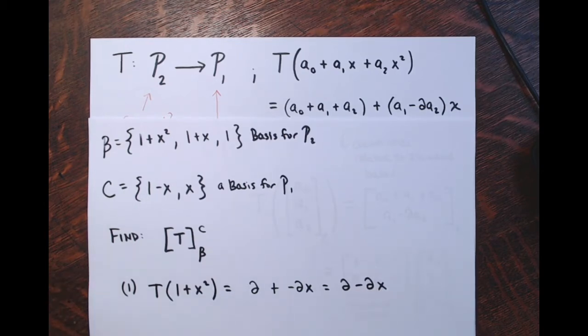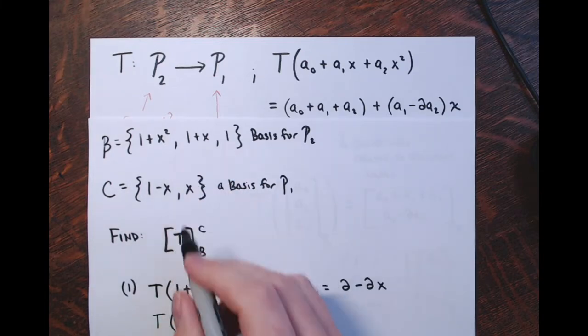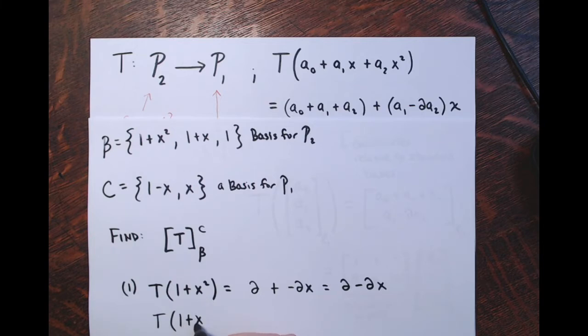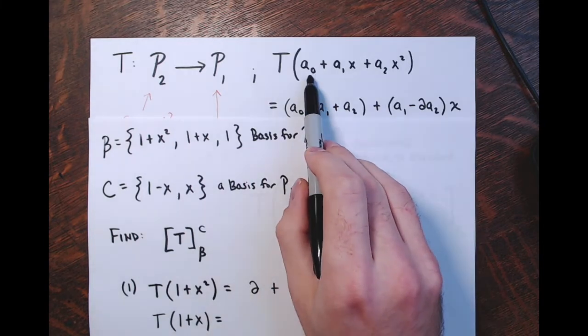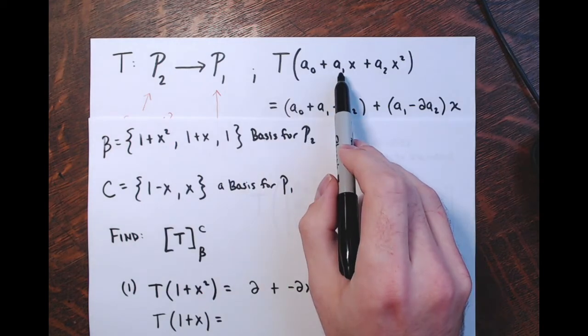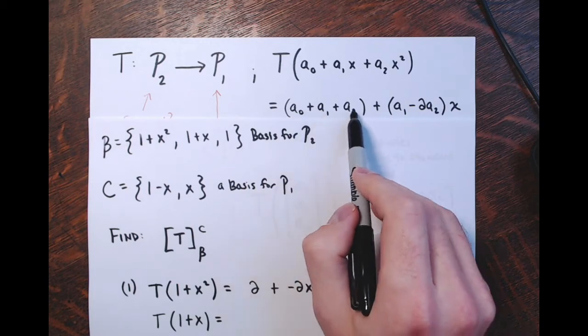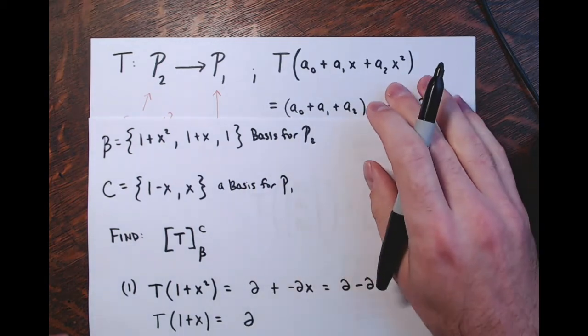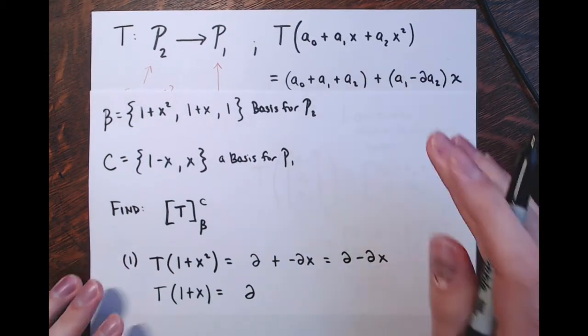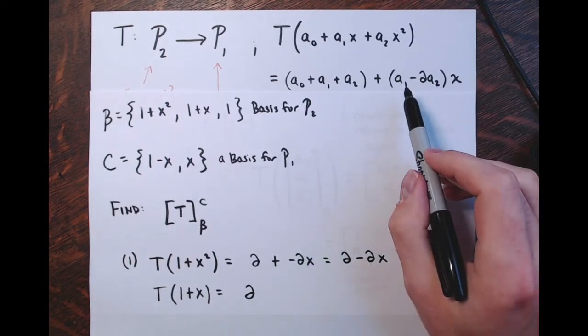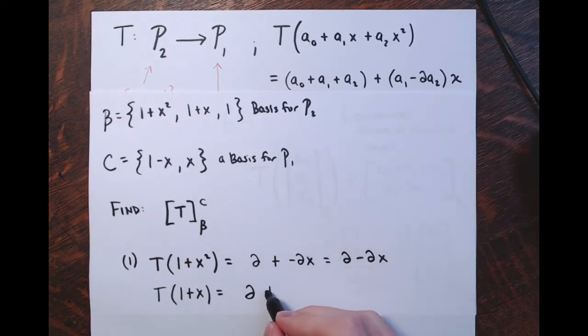Then T of 1 plus x, the next basis vector from B. Now 1 plus x, a0 would be 1, a1 would be 1, a2 would be 0. So 1 plus 1 plus 0, that's 2 again for the constant term, then plus x.